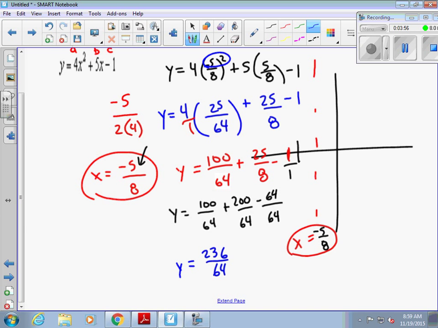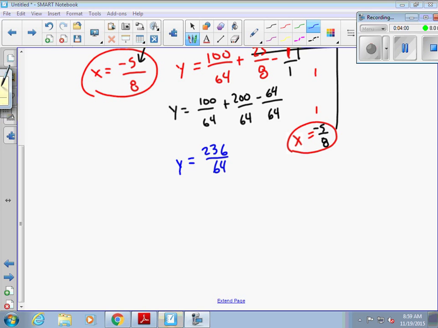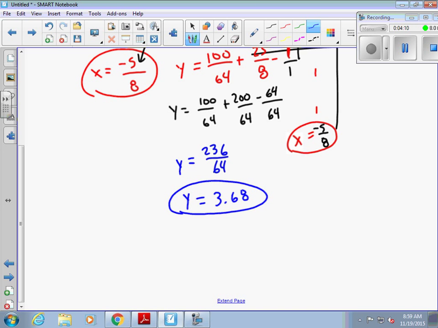So 236 divided by 64 is, just for the sake of speed, we'll call this y is equal to 3.68, which is not the best form to put this number in since we have negative 5 over 8. You almost don't want to use two separate forms, one for x and one for y. But negative 5 over 8 can easily be translated into a decimal as well.